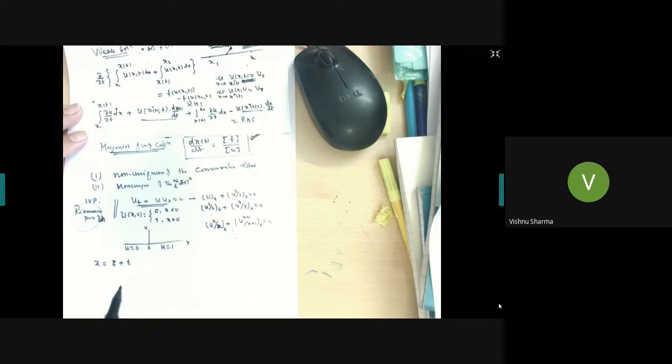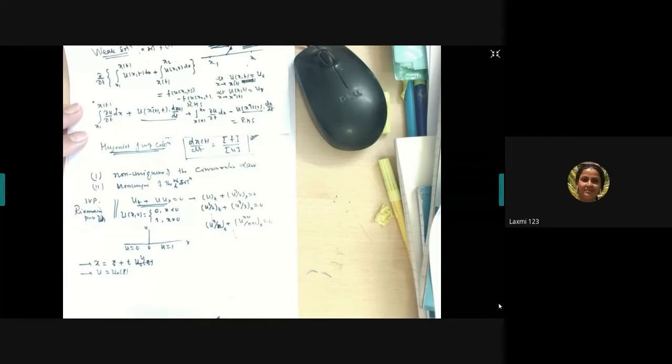But here c of u is nothing but u itself, so it is u naught of xi. So x is equal to xi plus t times u, where u is u naught of xi. Along these characteristics, u is equal to u naught of xi. Is that right?